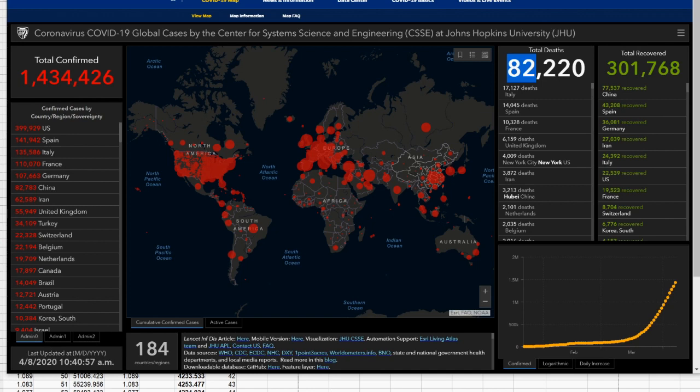Now, previously we've only had this number here. We only had, I'm going to call them reliable numbers on the confirmed cases. There weren't enough deaths to make sensible predictions about how many dead there will be in total.